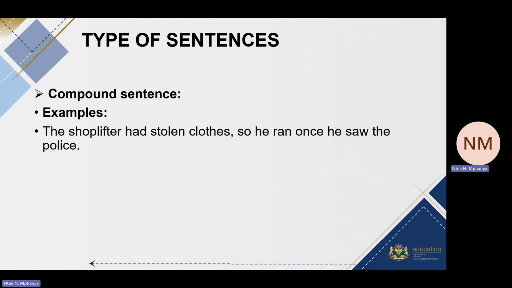Let us look at examples of these compound sentences. The shoplifter had stolen clothes, so he ran once he saw the police. Simple sentence: the shoplifter had stolen the clothes. Another sentence: he ran once he saw the police.